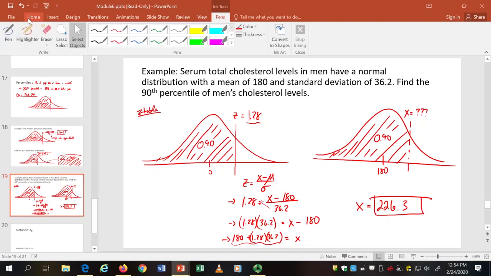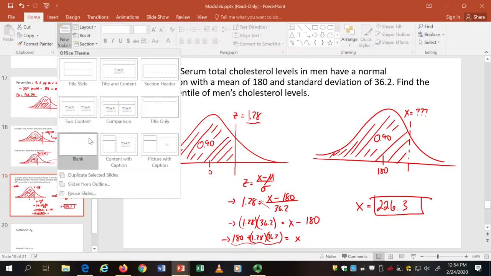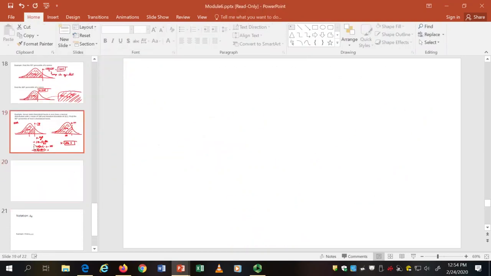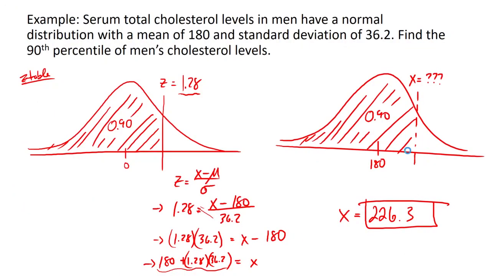Let me go one more. I got a new slide. Okay, before I go to the next question about that, I'll show you one other quick example. Question about that one, though? You can shortcut it a little bit, because if you notice the way the z-score formula is, the steps are always going to be the same.